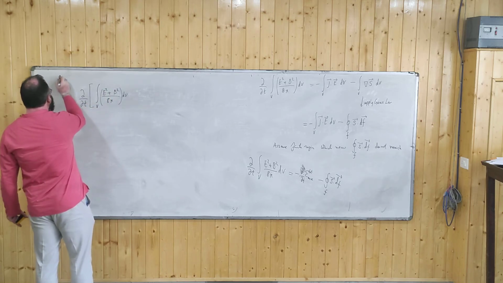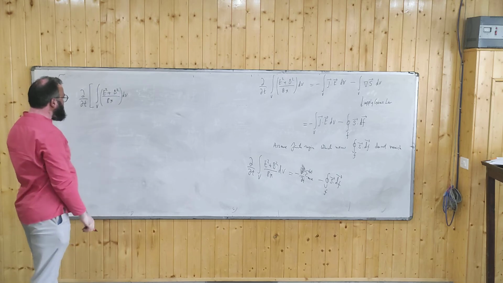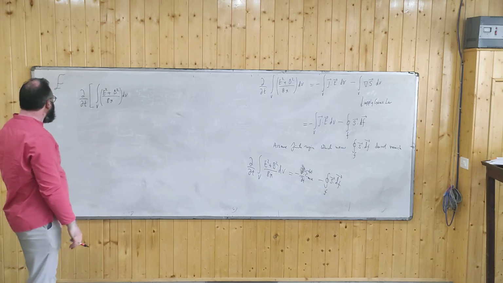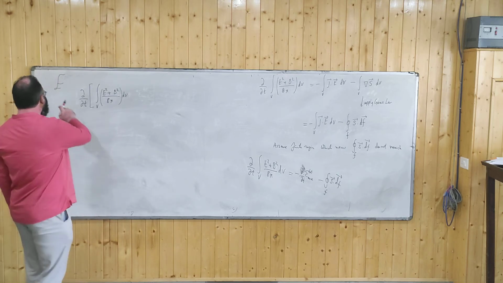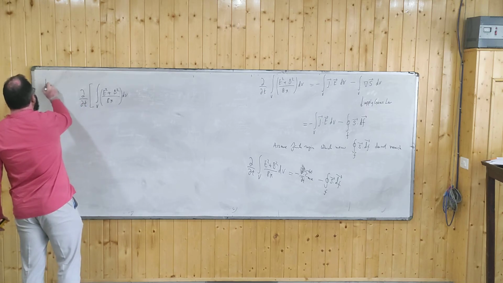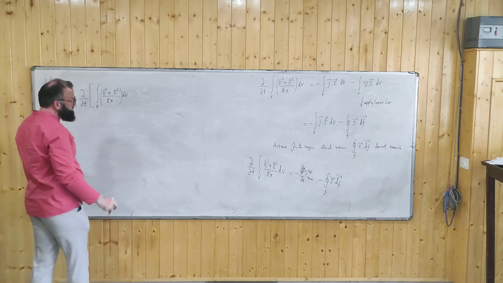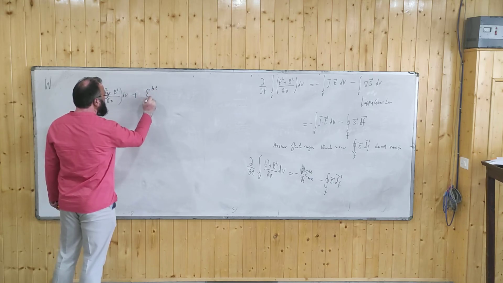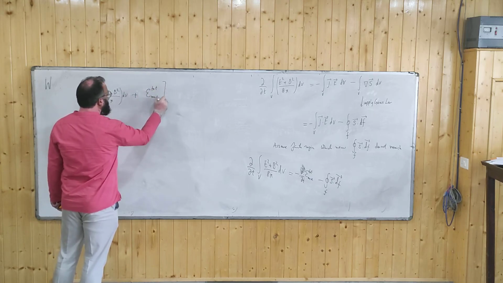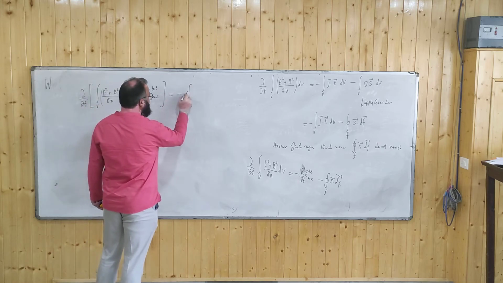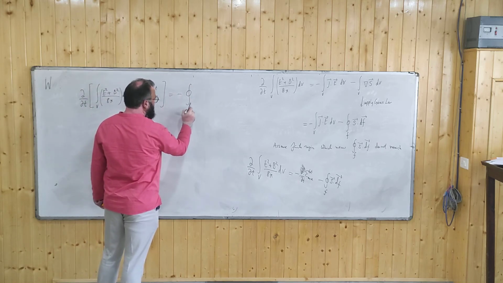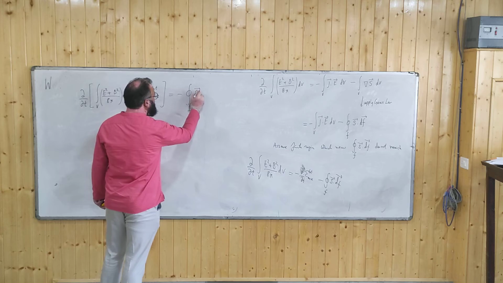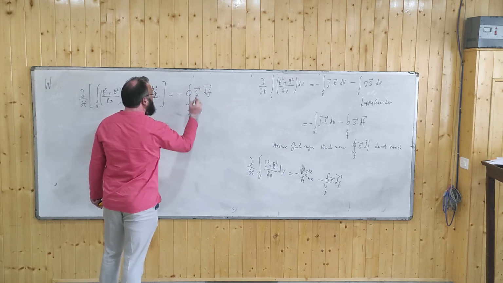Let's write fancy E to be the energy of this very system, or simply W. Let's write W to be the energy. Then plus this total mechanical energy, it's equal to S.